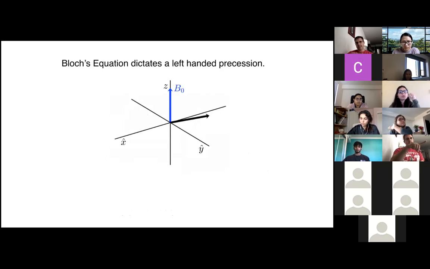And what this does, these Bloch's equations dictate a precession. And so the magnetic vector, if it were somehow in the XY plane, would be precessing around the external magnetic field. And it's precessing according to the left-hand rule, not the right-hand rule, the left-hand rule. That confuses everyone. It's just the other hand, right?